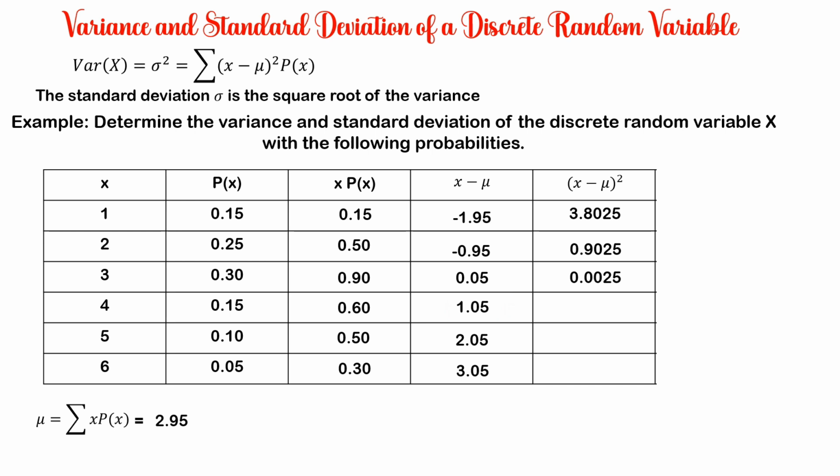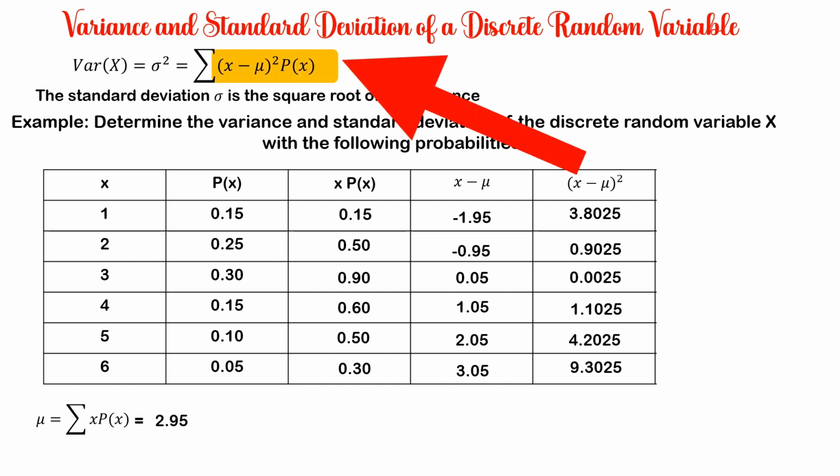Then, the square of 1.05 is equal to 1.1025. Next, the square of 2.05 is equal to 4.2025. Then next, the square of 3.05 is equal to 9.3025. And we are done with the squared elements in our given formula in finding the variance.